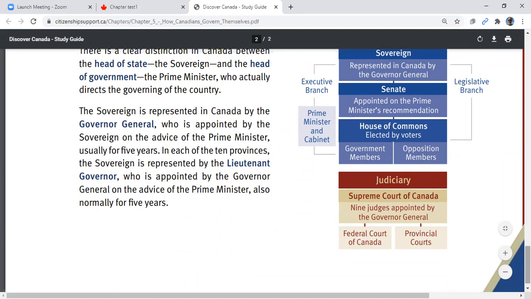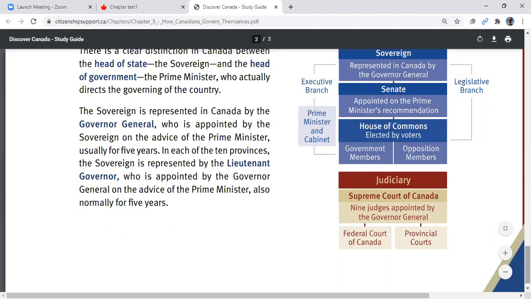In each of the 10 provinces, the sovereign is represented by the Lieutenant Governor, who is appointed by the Governor General on the advice of the Prime Minister, also normally for 5 years. Yeah, very good, very good.